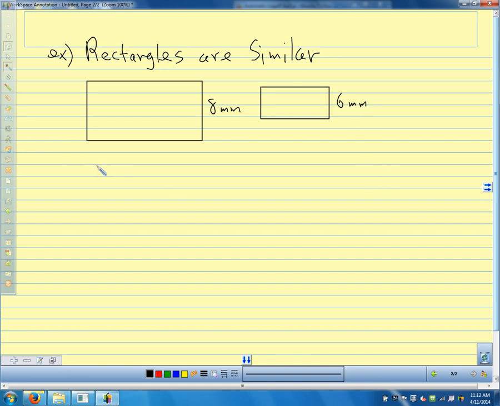We want to find the ratio of perimeters and the ratio of areas. And let's do our ratios small to large.